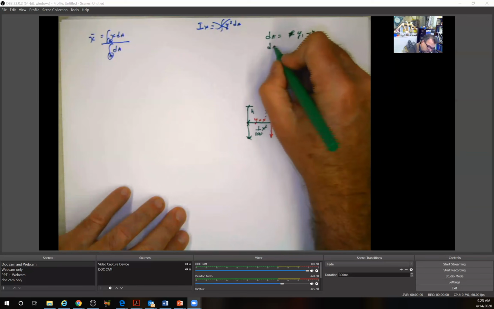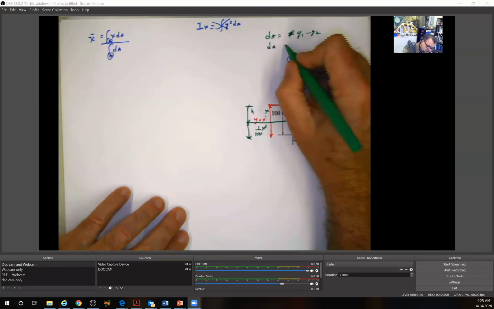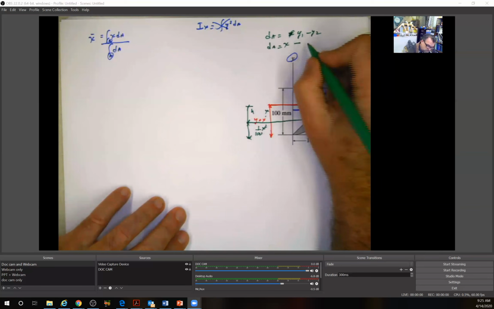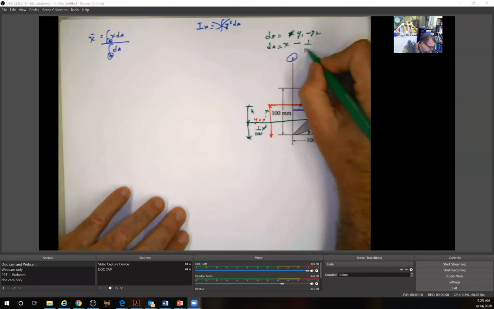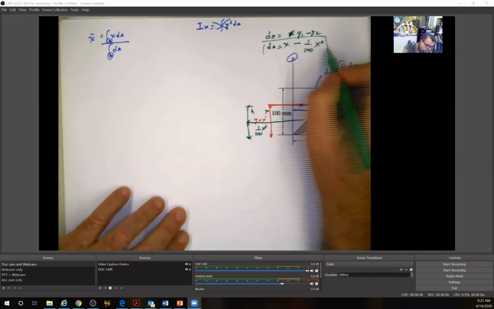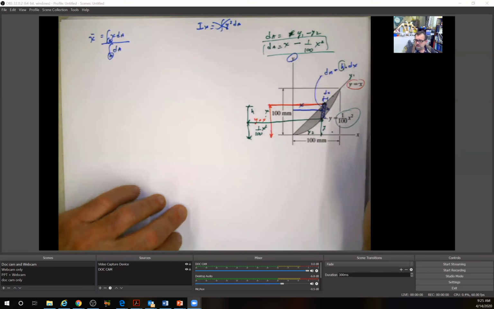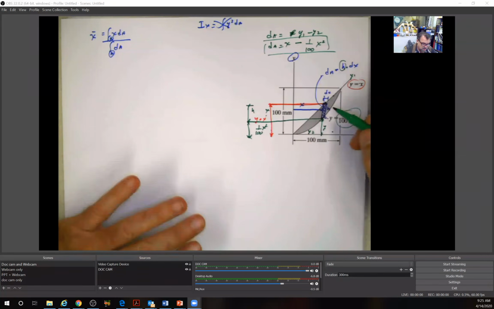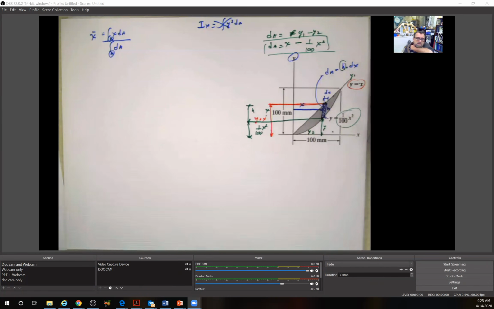So y1 is provided by this equation, which is x, minus y2, which is provided by this equation, which is 1 over 100 x squared. And that's basically what you have. Once you have your differential of area, and you're sure that it is correct, then you don't have any problem whatsoever, and you can solve it.